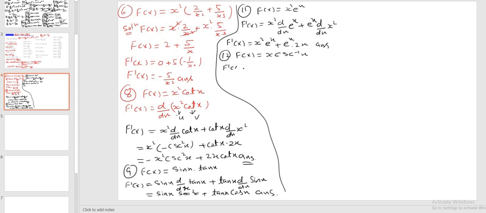So f dash x equal to, why I'm writing here, I'm just telling that when you differentiate f x function, that means d dx of f x equal to u and then d dx of CSC inverse of x plus CSC inverse of x d dx of x.